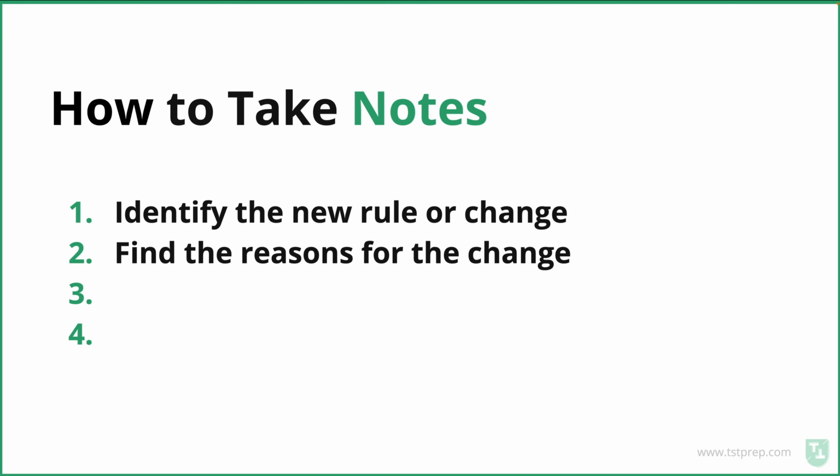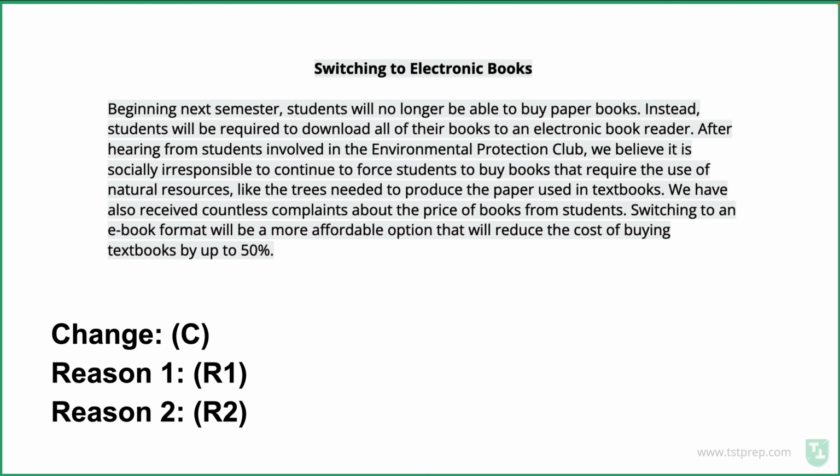And what I want to do is that these are the 2 goals you want to have for the reading passage. You want to identify the new rule, and you want to find reasons for the new rule or change. So in my notes, I have the letters C, R1, R2. C is change, I'm looking for the change, and the 2 reasons for the change.